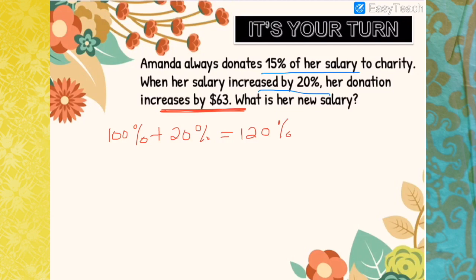Now, since she donates 15% of her salary, therefore we take 15% of 120, which is 18%.